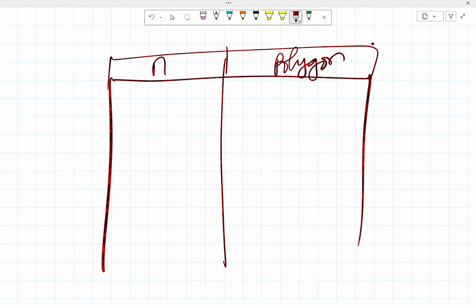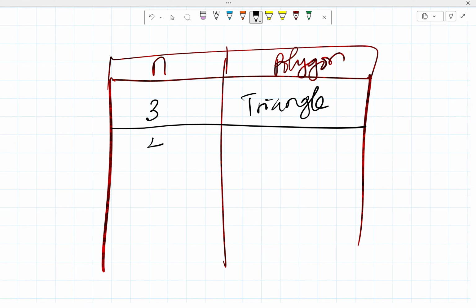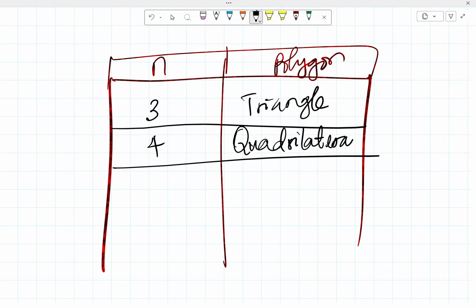Like we know already, when n is 3, we have a triangle. Then when n is 4, we have a quadrilateral. I'm not even talking about the regular one now, I'm just talking about general stuff.